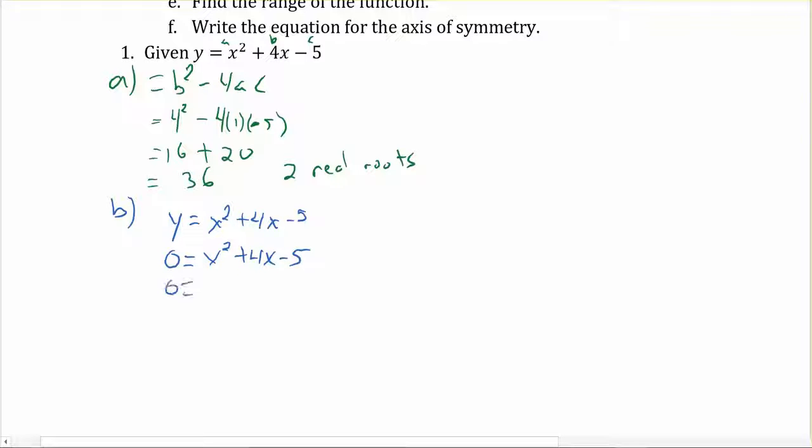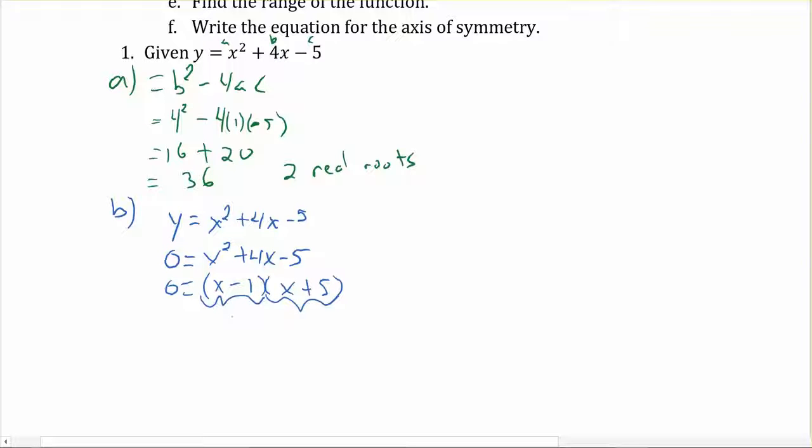So 0 is equal to (x )(x ), and what I need to find is something that multiplies to negative 5 and adds to 4. So 5 and 1 are the only ones I can think of. Then we've got to figure out which one needs to be positive and negative. Well, it needs to be positive 5 minus 1 to get to positive 4. So if I look at this, my x-intercepts are going to be when this term is equal to 0, and when this term is equal to 0.